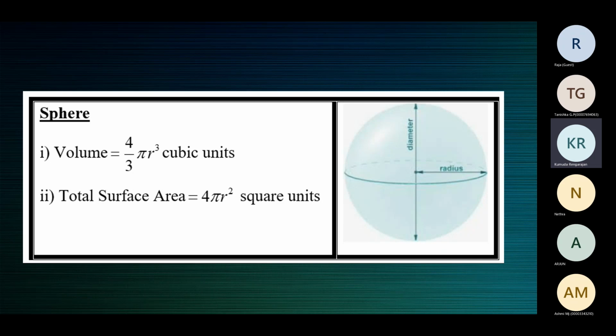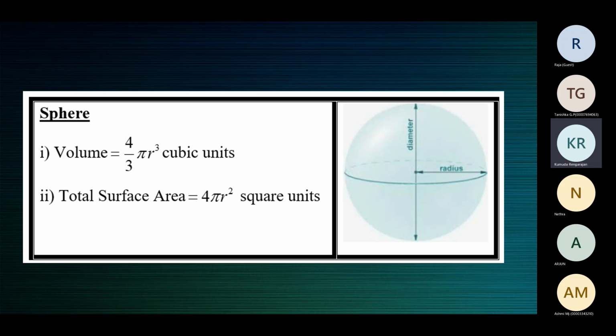A sphere does not have a uniform cross section, because a solid like a sphere you cannot get by stacking identical plane figures.